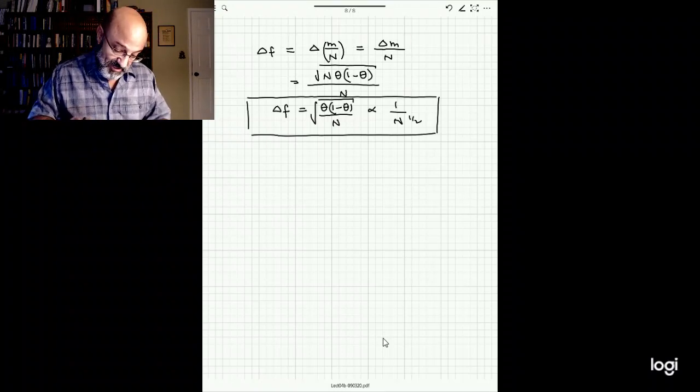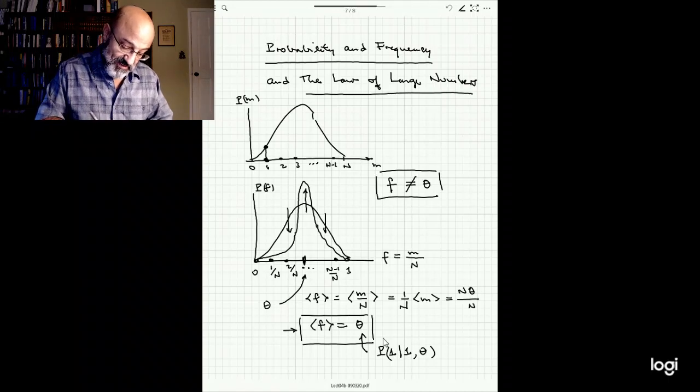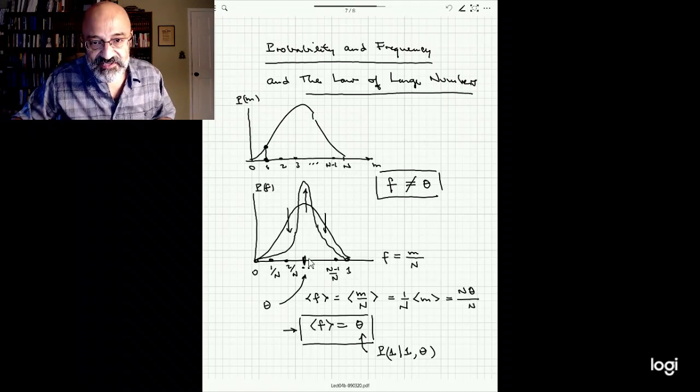So you can see here that the effect of increasing the number of trials is to make the distribution sharper and sharper and sharper. This goes down and that one goes up.